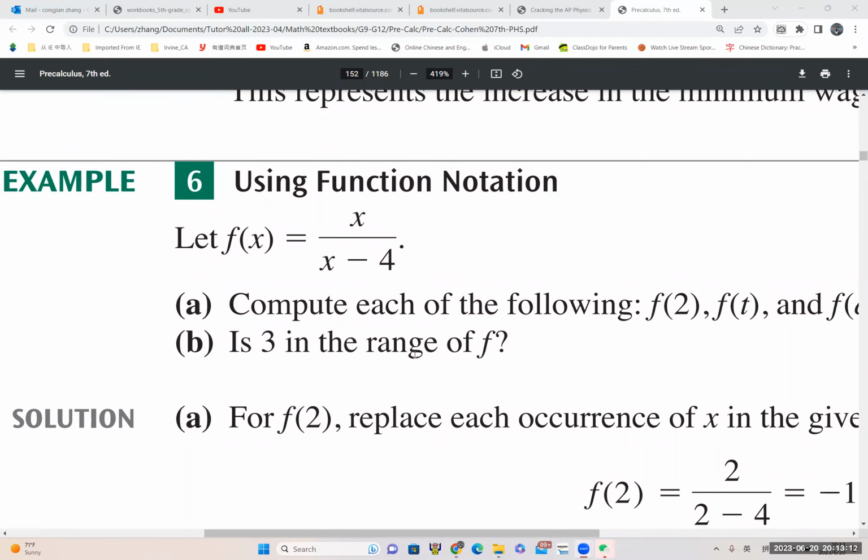How do you decide it? You mean 3 is not in the range? I don't think so.